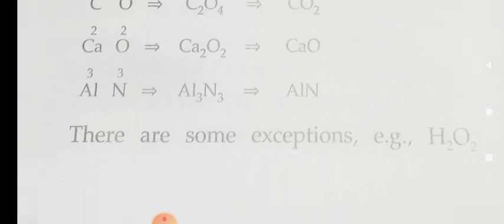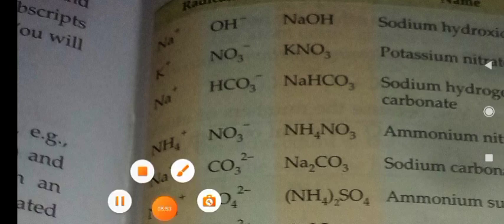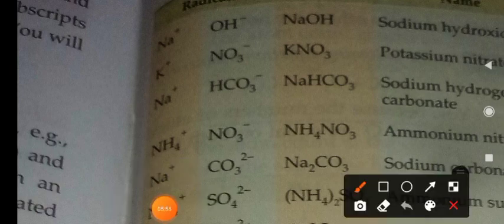Look at the examples given here. Look at the first one, sodium: the positive radical is Na plus and the negative radical is OH minus. When you transpose the values, you should not take the charges into account.